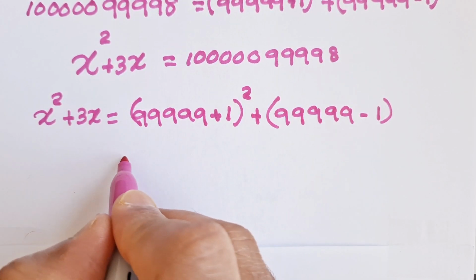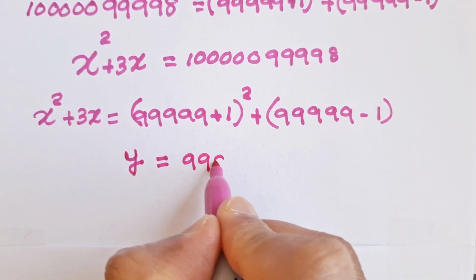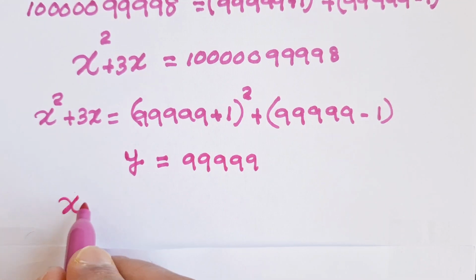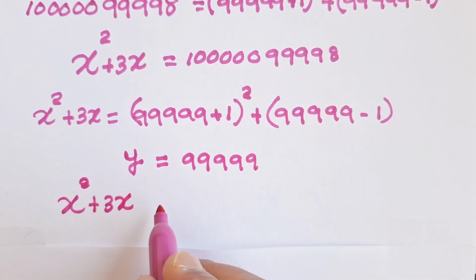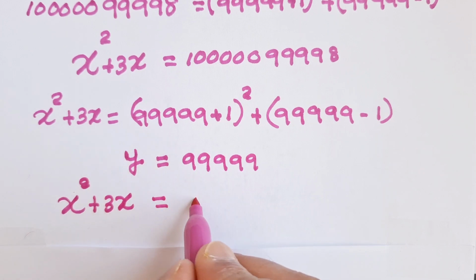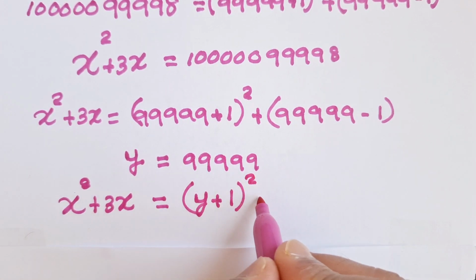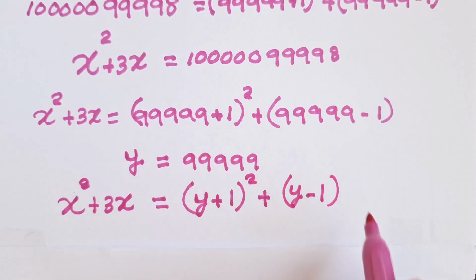Now I am going to take y equal to 99,999. Then our equation will become x squared plus 3 times x is equal to (y plus 1) squared plus y minus 1.